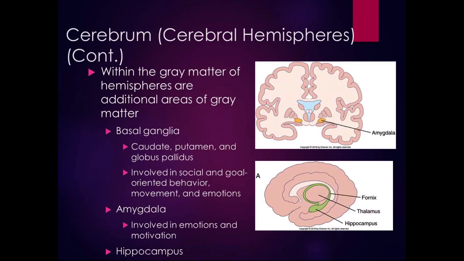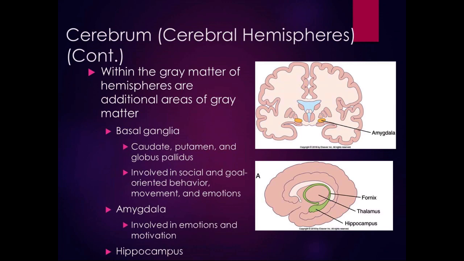The amygdala is involved in emotions and motivation. There's a lot of processing that we go through with pain management, and emotions and motivation are highly involved in that. So this comes up in therapy all the time. The hippocampus is involved in memory, but declarative memory, which is remembering facts and figures and that sort of thing.